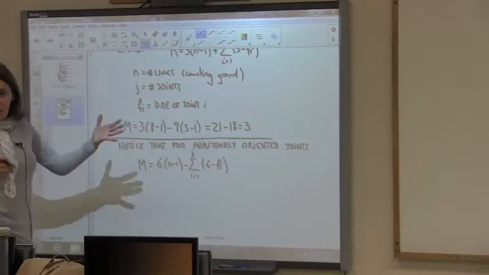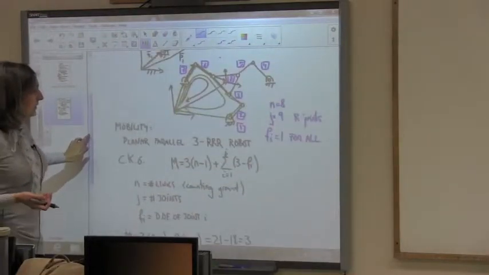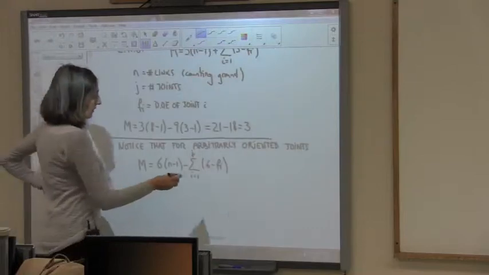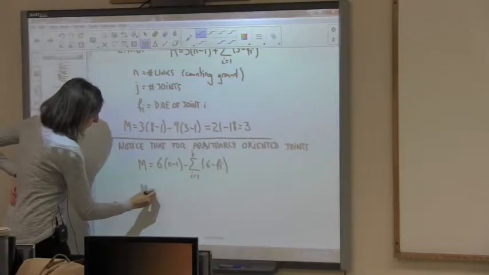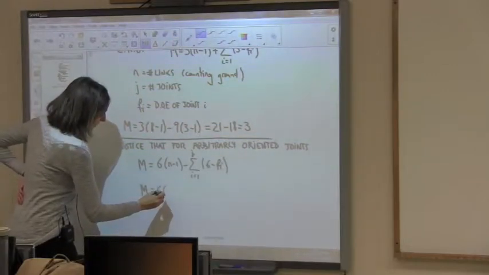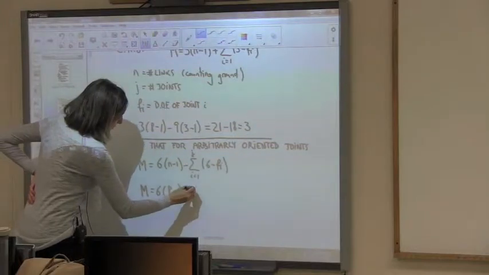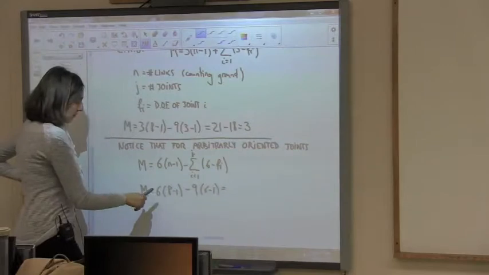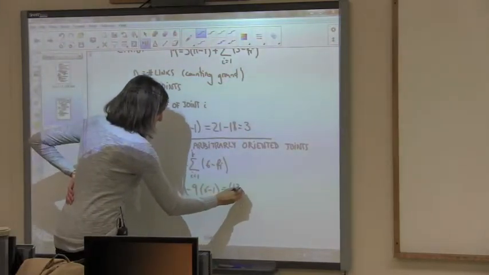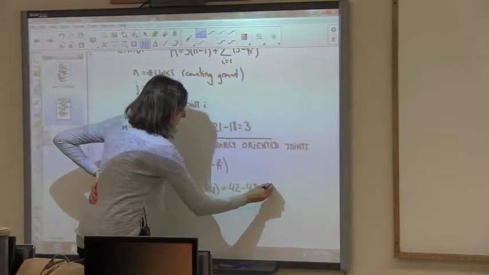So now if we put in the numbers, they haven't changed, so we still have 8 links and 9 joints with mobility equal 1. 6 times (8 minus 1) plus 9 times (6 minus 1). What is that? 42 minus 45, which is minus 3.